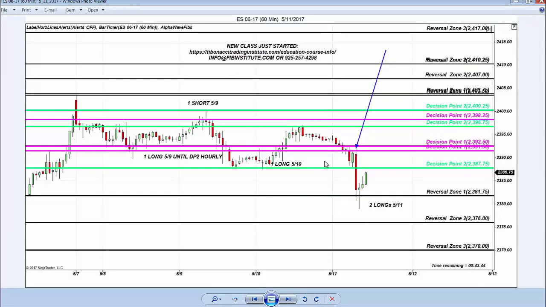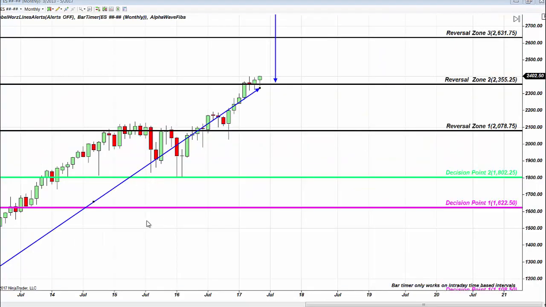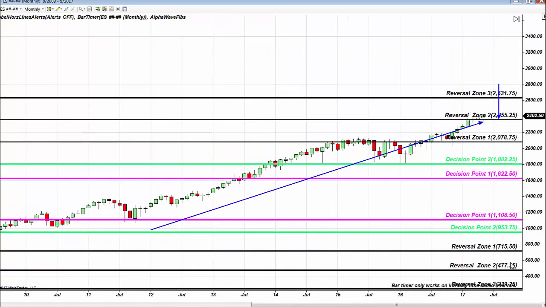This is the exact same identical formula, Fibonacci at the reversal zone on May 11th. Identical level as played out on monthly in 2009.